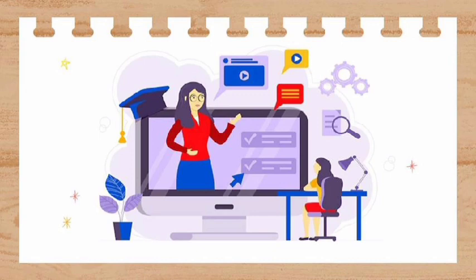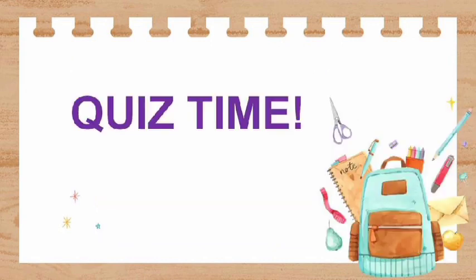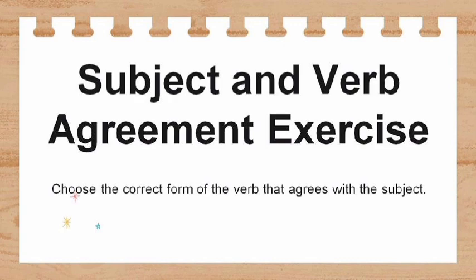And rule number 3, personal pronouns. And so now let's test your understanding with a few quick evaluation questions. I will pose the questions and you have 10 seconds to think about your answers. Okay? Just choose the correct form of the verb that agrees with the subject.